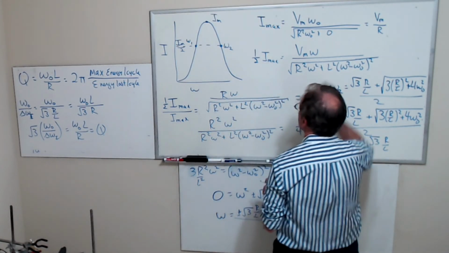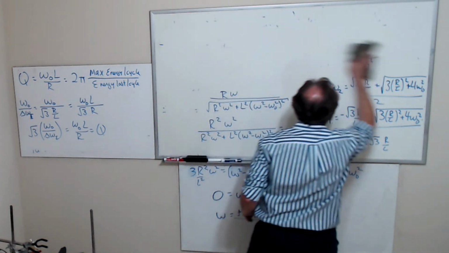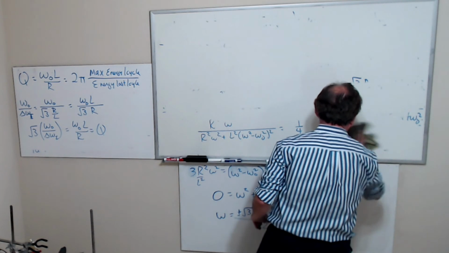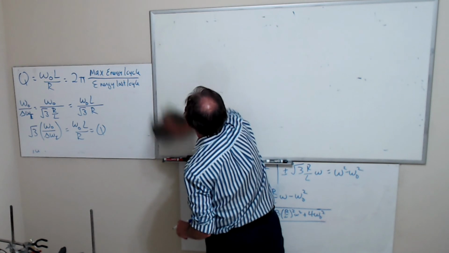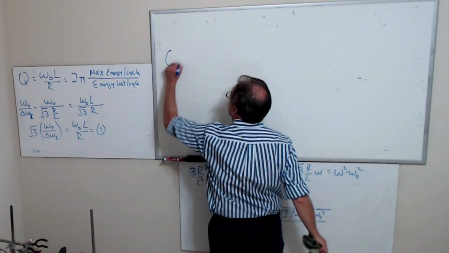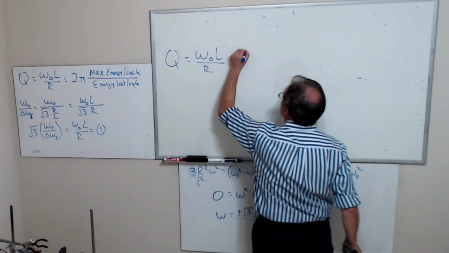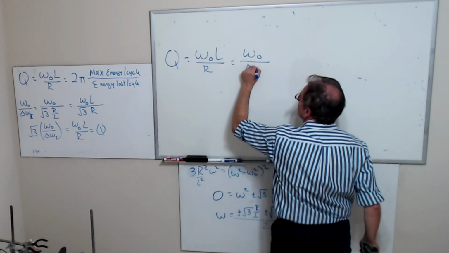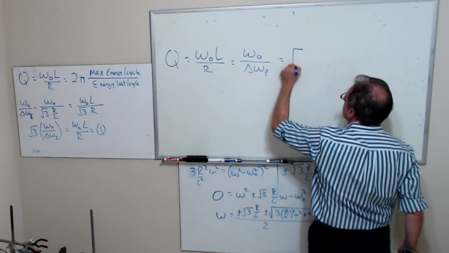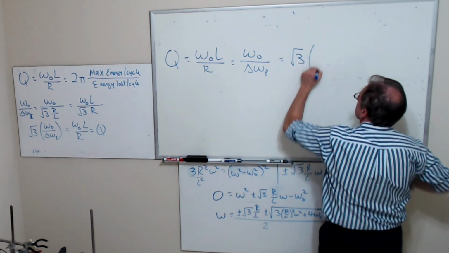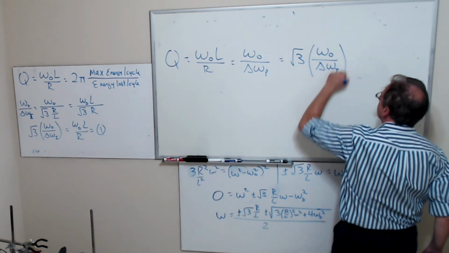So we can say Q equals omega naught L over R, which is equal to omega naught over delta omega from the power graph, which is equal to the square root of 3 times omega naught over delta omega for the current graph.